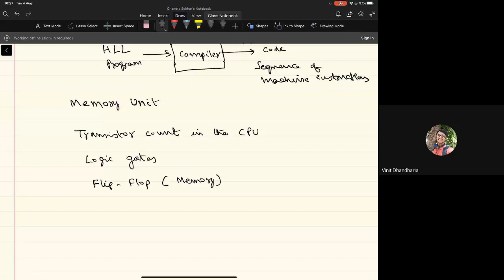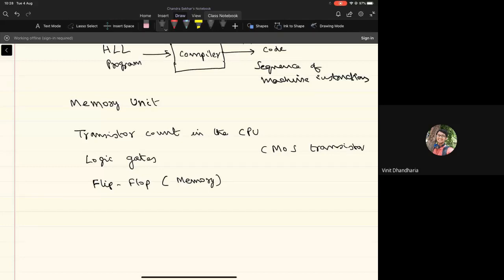But typically, the kind of transistor that's used in most of the systems nowadays is the metal oxide semiconductor transistor, and specifically the complementary metal oxide semiconductor transistor. We'll not go into details of this CMOS transistor in this course. Those who are interested can look into some books on electronic circuits.